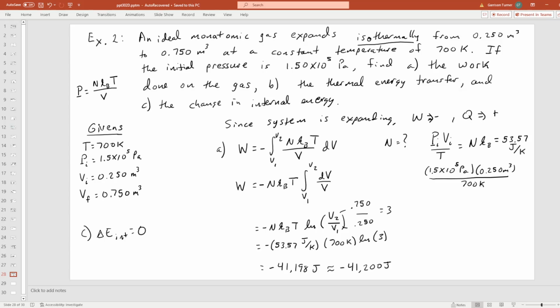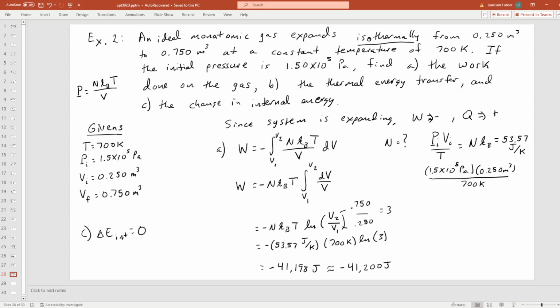All right, so that was the work done. And since the gas worked to expand the container, our work is negative because it's doing work on the environment.